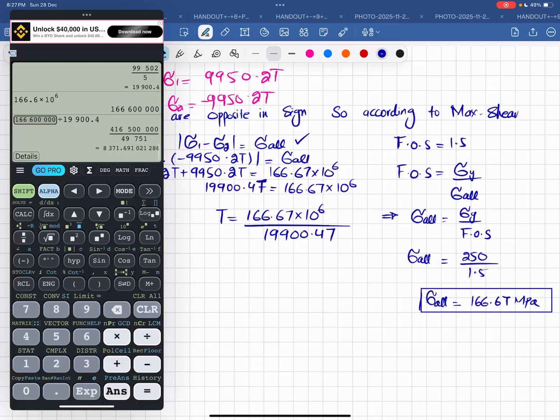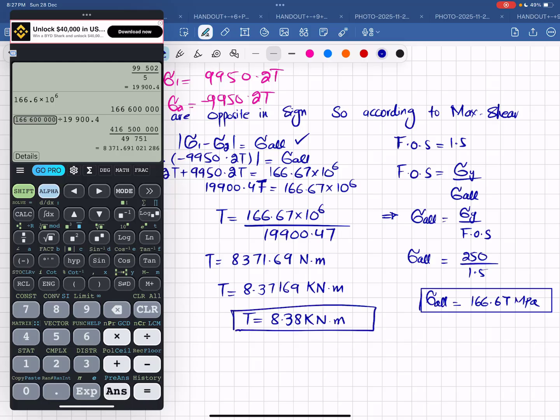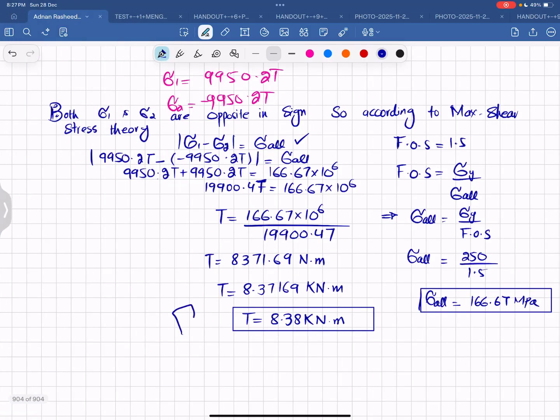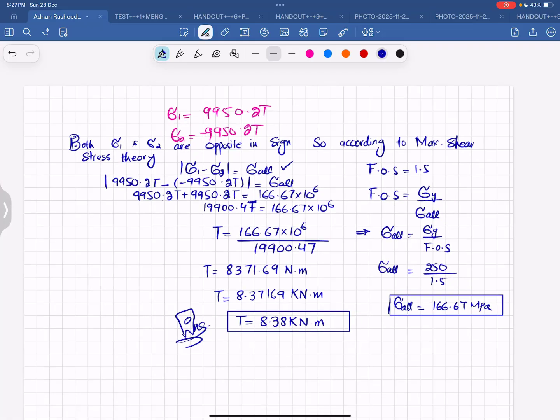You can see that the torque is equal to 8371.69, and the unit is Newton meter. If you convert it into kilonewton, it is 8.37169 kilonewton meter, and if you round it off, it is 8.38 kilonewton meter. So this is our required torque T that can be applied on this system.